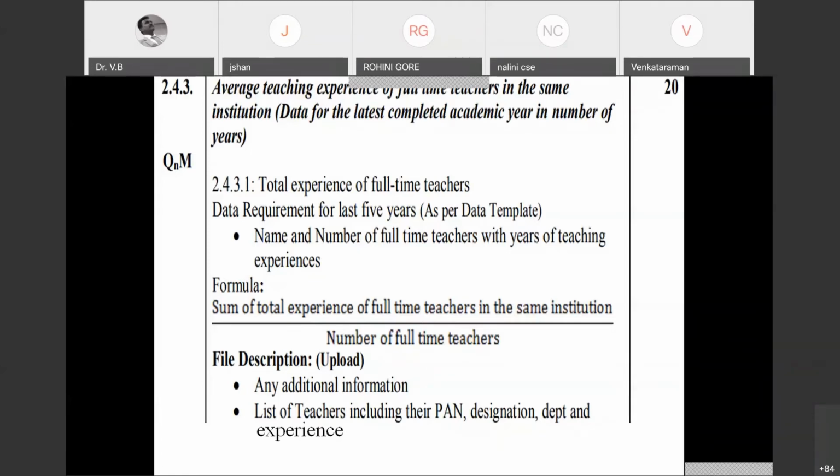But once the DVV asks for it, the viva completion certificate should be with you. Whereas if the viva is not done for the PhD candidate at the time of submission, then he should not be counted in that category.